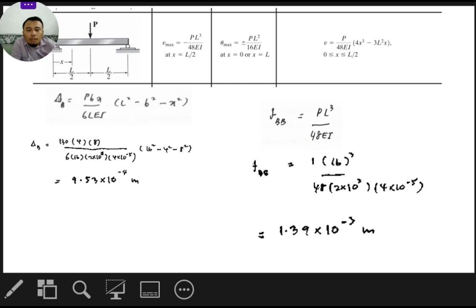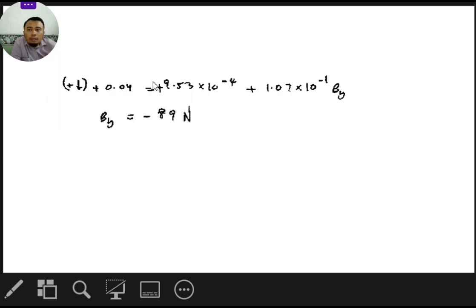So you have both values of displacement. You substitute into your equation, which is all positive, acting downwards. So solve for By, and you get By negative. As you can see, By is negative, which shows that By is in the opposite direction of the one that we assumed, downward. So actually By is acting upwards.